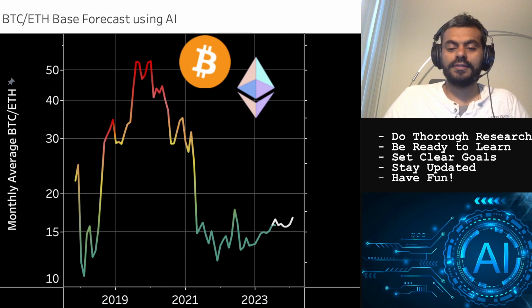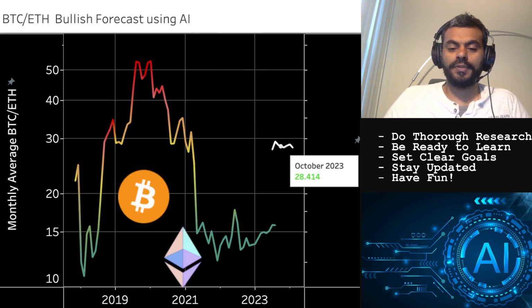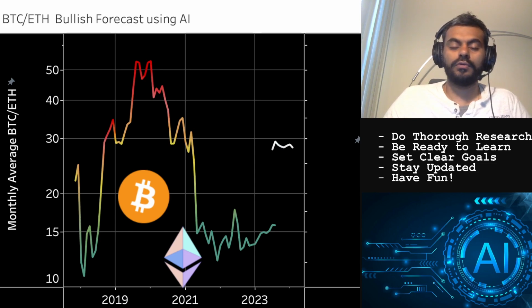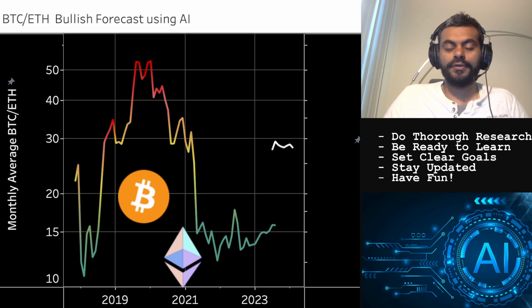The bull case is for BTC, that is, we have this 28.7 to 28.4 or 28.2 target, where the bull case for BTC is from now till February 2024. If this valuation is achieved, we can say that we achieved the peak that was in this territory.